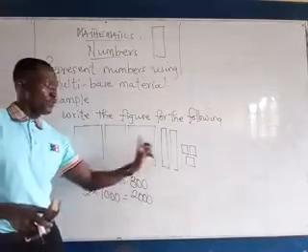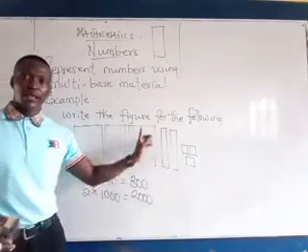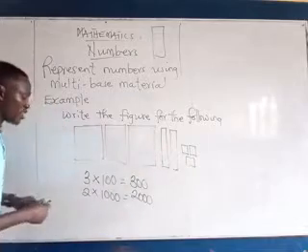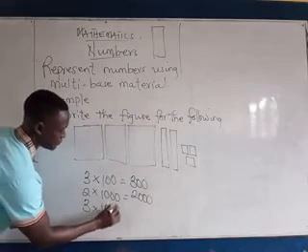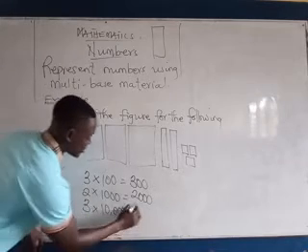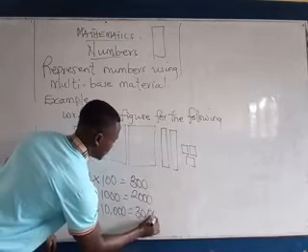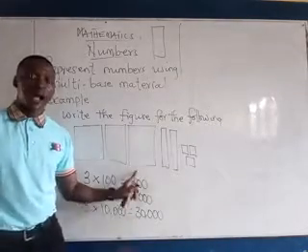Then the last thing to do is to know the number of flat objects here. We have 1, 2, and 3. So we multiply 3 by 10,000. 3 times 10,000 gives us 30,000. Now we add these three figures to give us our answer.